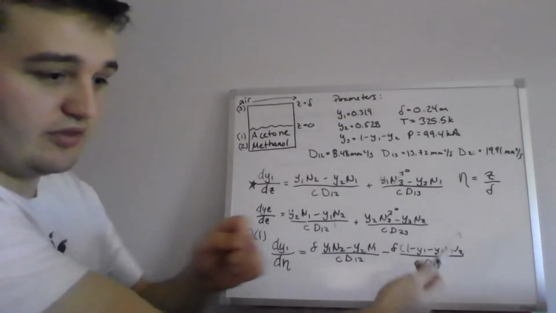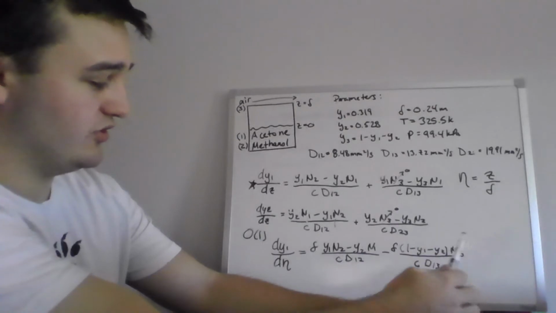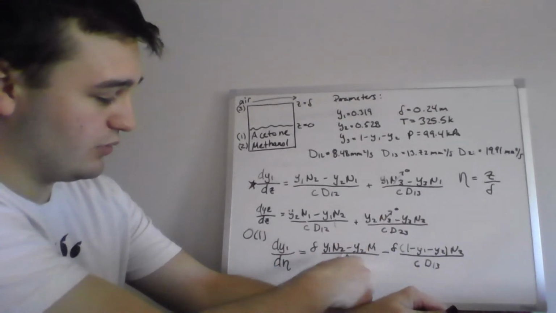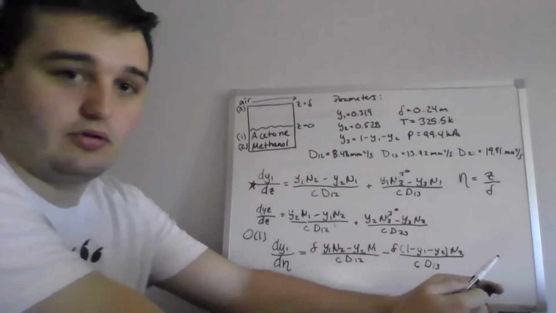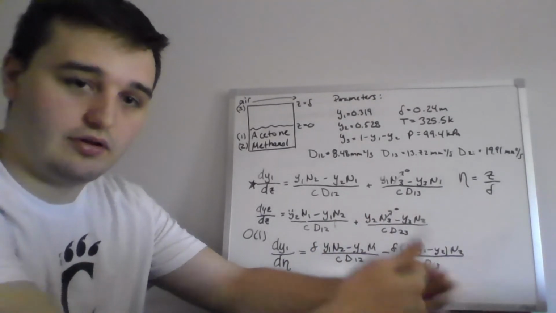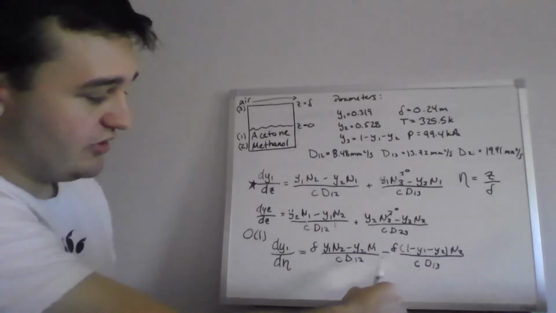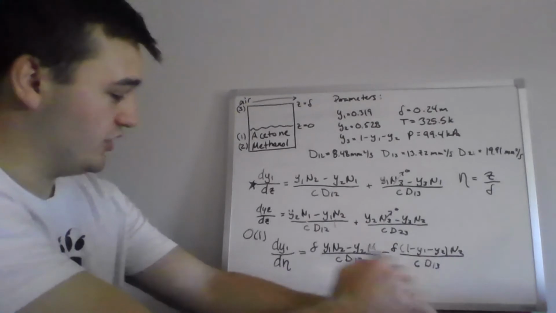We need to look at the bottom because when you look at fractions, in order to get an order of magnitude of 1, you need the order of magnitude on the bottom to be equivalent to the order of magnitude on the top, so that when they're divided, they get 1. So whatever the bottom is, the top must be the same thing in order to get an order of magnitude of 1.